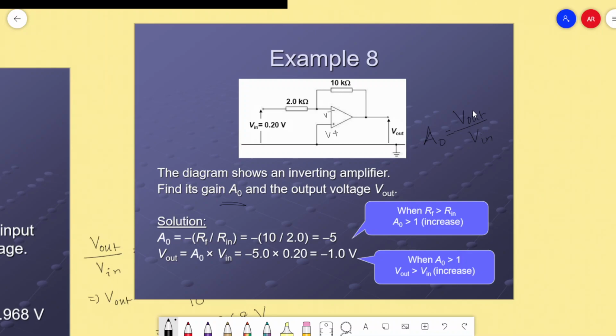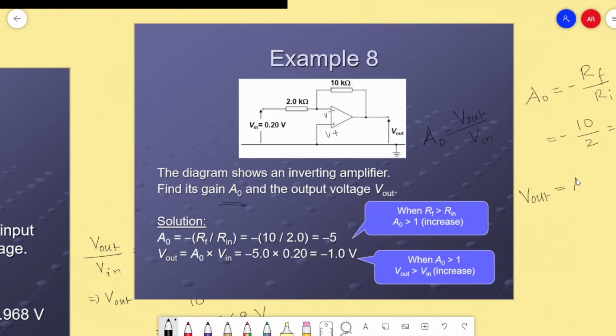So what am I going to do to find the gain? The gain is negative RF by RI, so negative 10 over 2, which is negative 5. Gain has no unit because it is the ratio of the same physical quantity. And what is the output voltage?